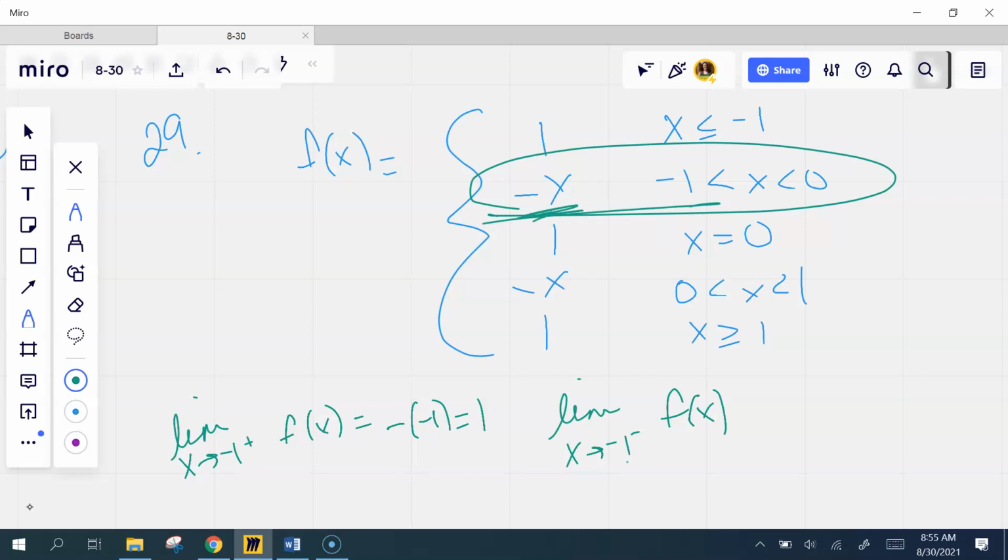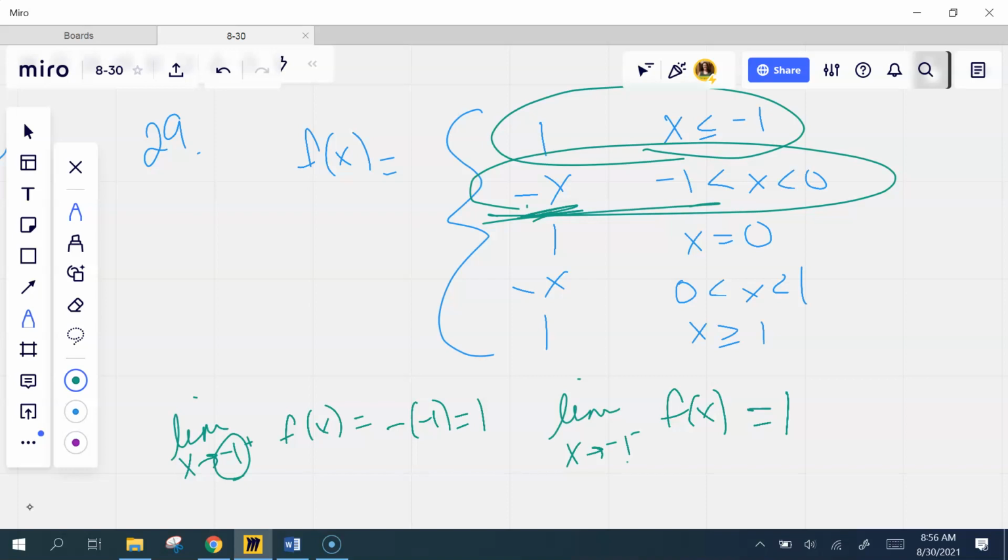So I use the negative x equation and I'm plugging in negative 1. Negative, negative 1, so the two negatives will cancel and leave you with positive. How about negative 1 from the left? It's also 1, because less than negative 1 goes here.